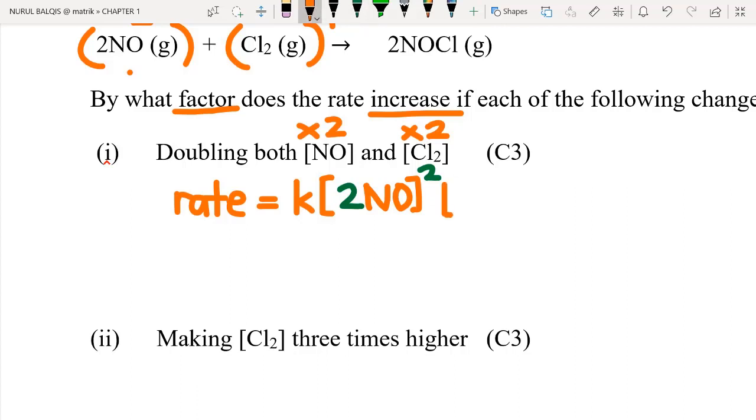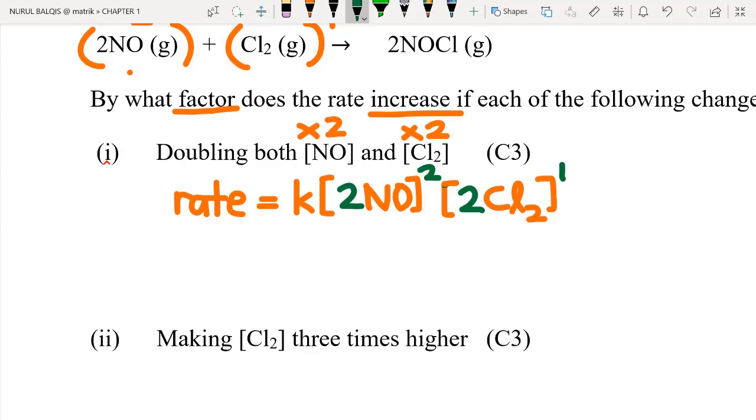Our Cl2 is first order. Still, we need to multiply it by 2 because the question asks for double the concentration, so you must write 2 before Cl2. But now, its order is only 1.